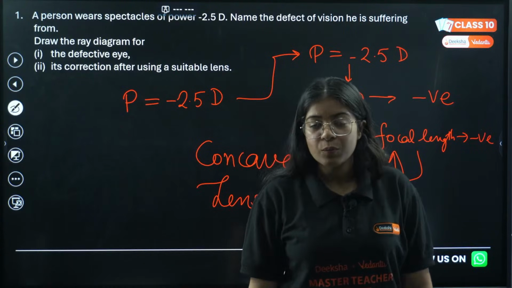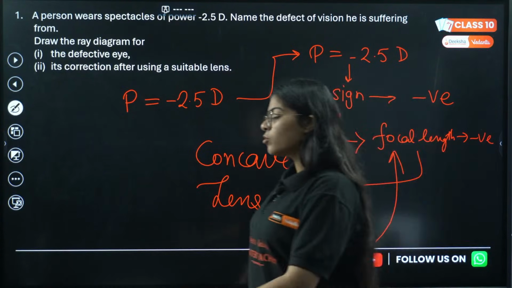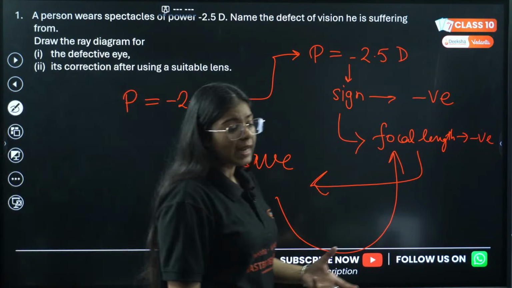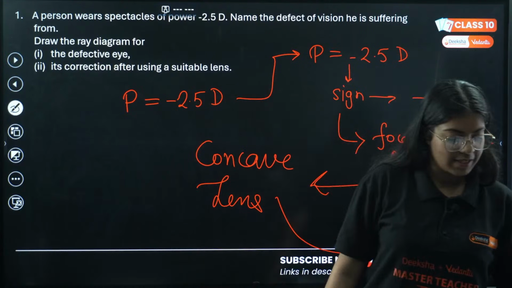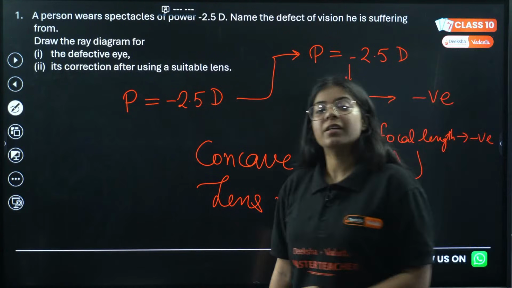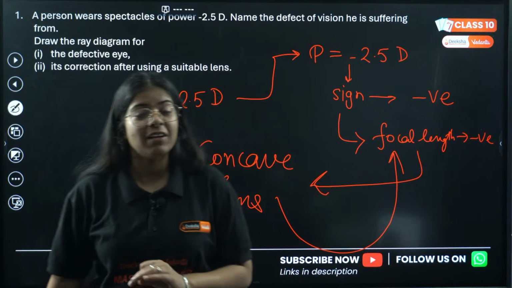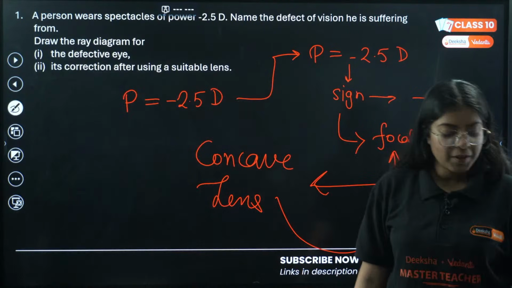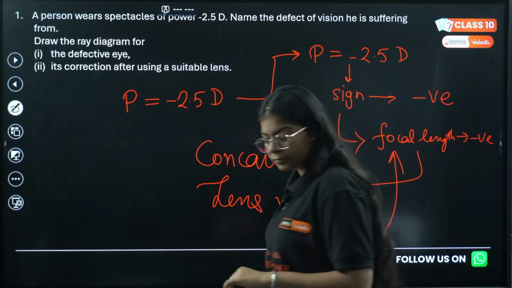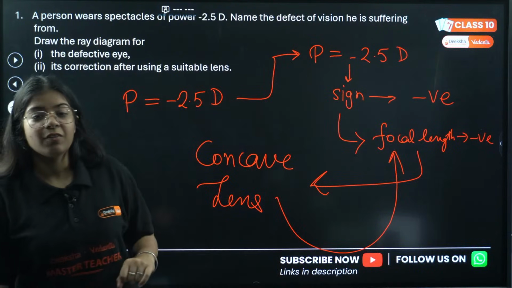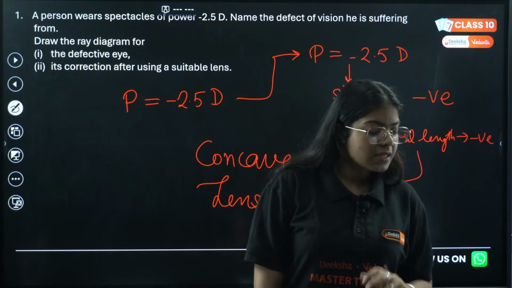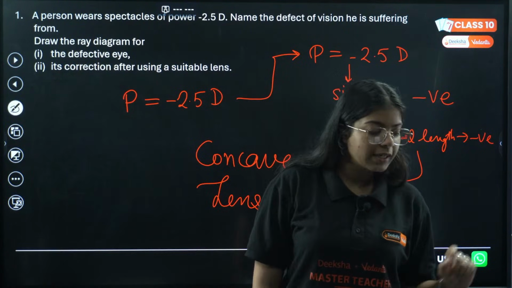Correct? True. Now, if I'm using a concave lens to clear my defect, then what kind of defect is that? In which defect do you use a concave lens as the corrective lens? Myopia or hypermetropia?